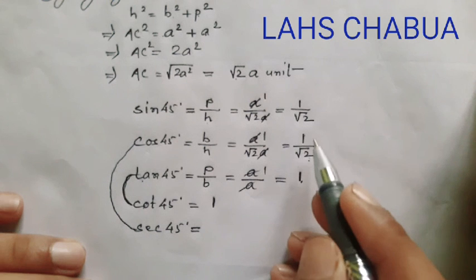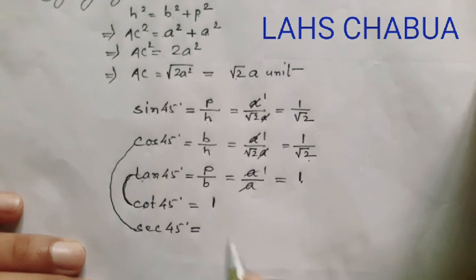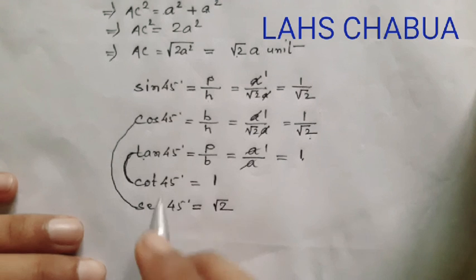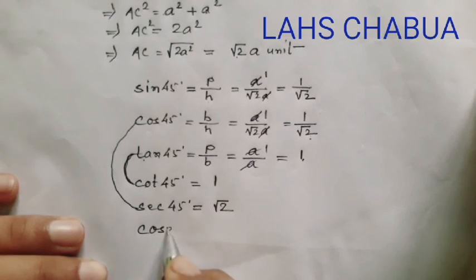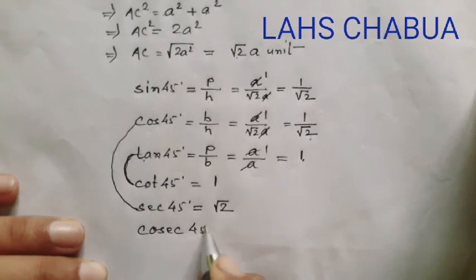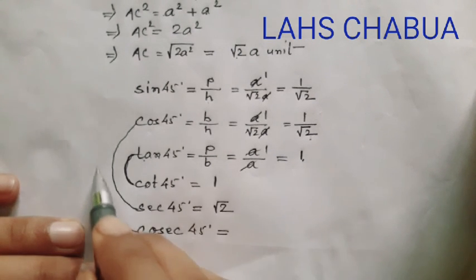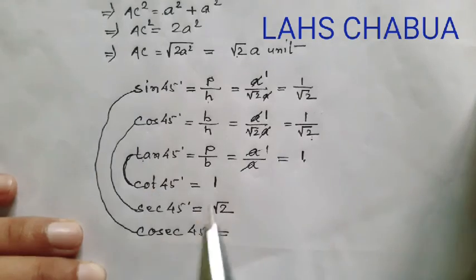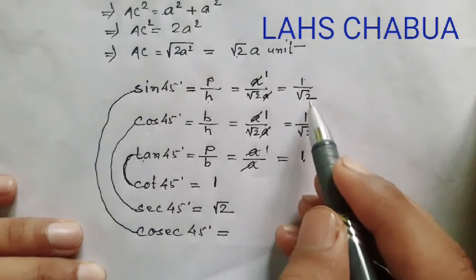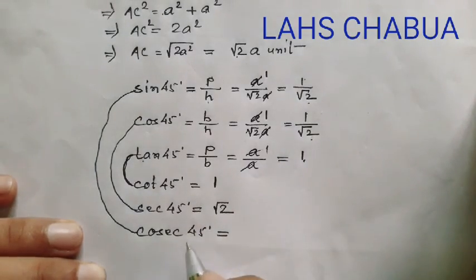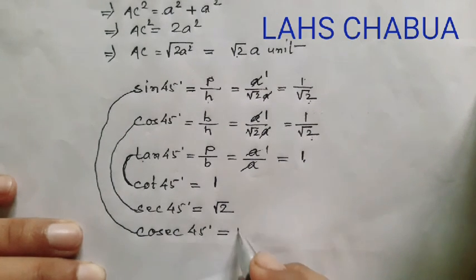Make it reciprocal, that is root 2 by 1. We are not going to write 1 at denominator place. So sec 45 value, it will be root 2. Now next, one more left, cosec 45 degree. Cosec is the reciprocal of sine. Since we got sine value 1 by root 2, so cosec it will be, make it reciprocal, root 2.